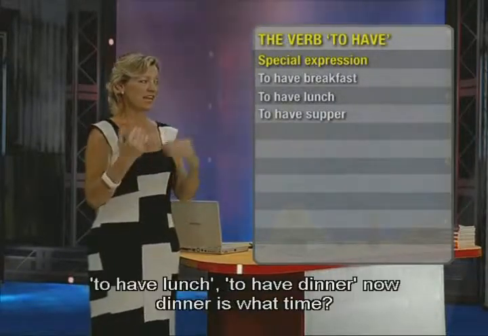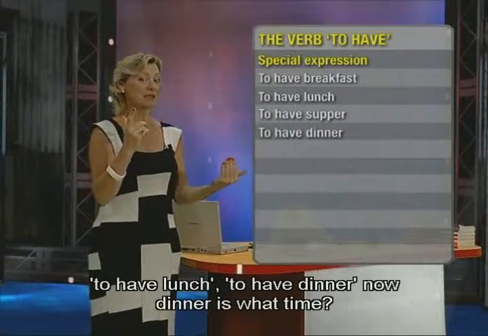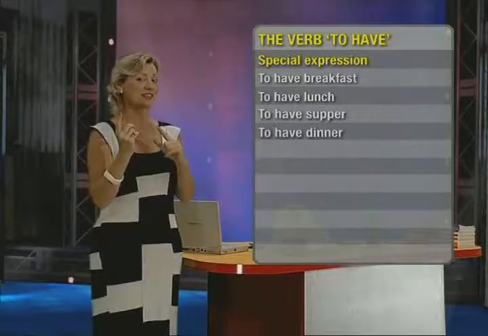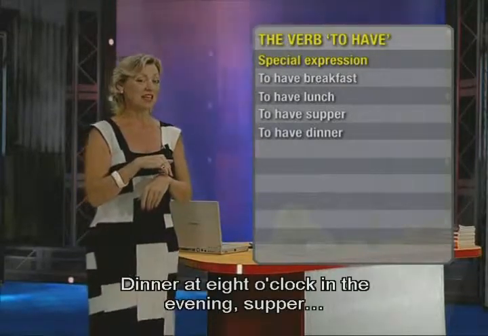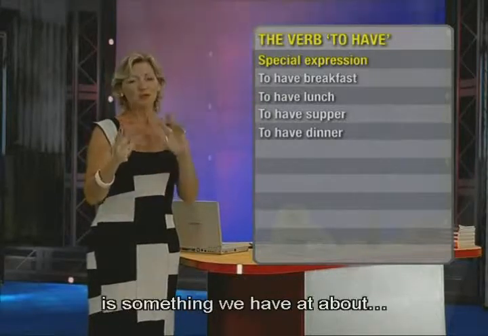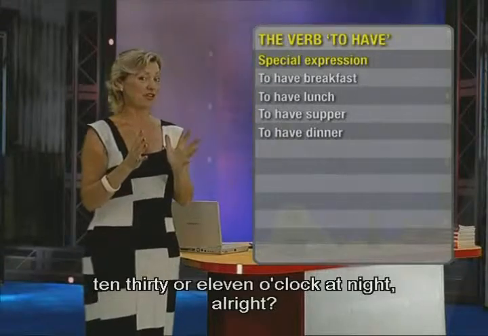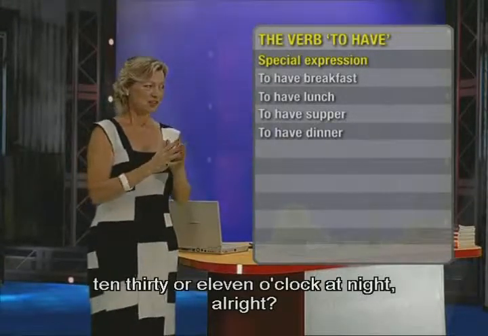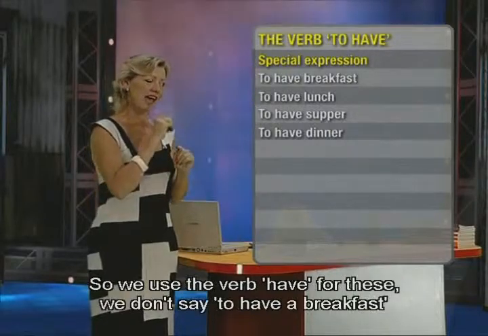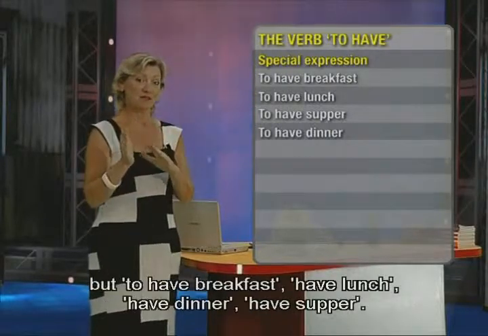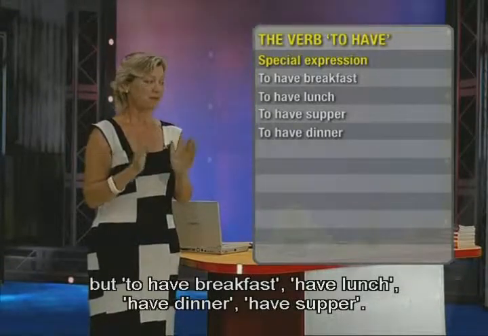So to have breakfast, to have lunch, to have dinner. Now dinner is what time? Dinner and supper, what's the difference? Dinner at 8 o'clock in the evening. Supper is something we have at about 10:30 or 11 o'clock at night. All right? So we use the verb have for these. We don't say to have a breakfast, but to have breakfast. Have lunch, have dinner, have supper.